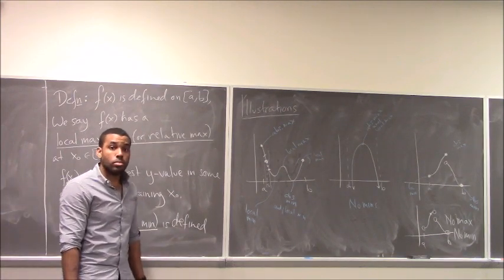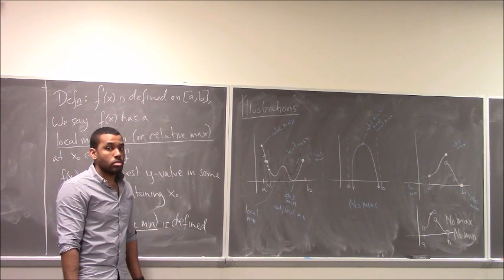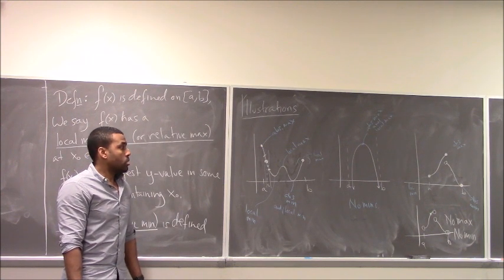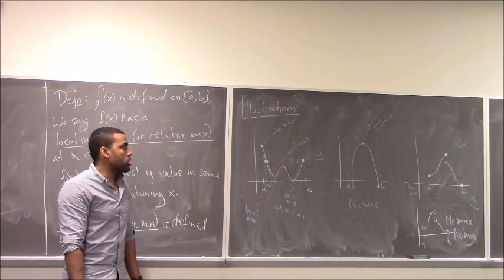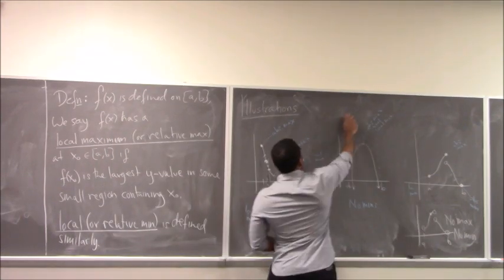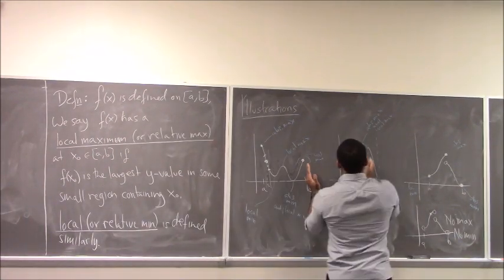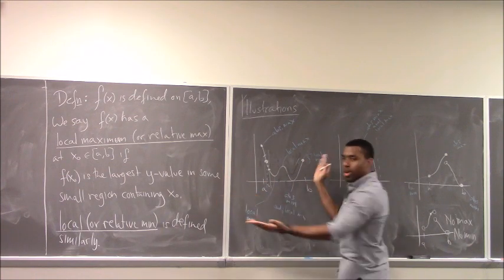Except if you set the intervals, right? If it were the maximum from 1 to 4, and that point's at 4, or at 1, that's the max there. Sure, but in general, we won't assume that we know what's happening outside the interval. It's possible that this function does something over here, where if we shift the interval, we get a different maximum, but outside of here is a dark zone; we really don't know what's going on.